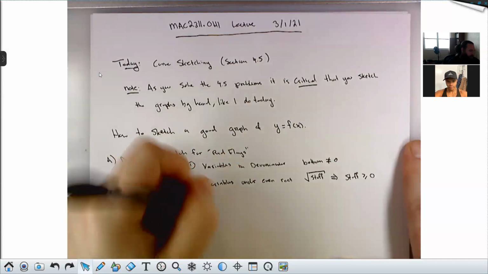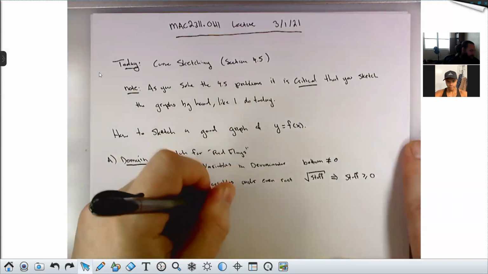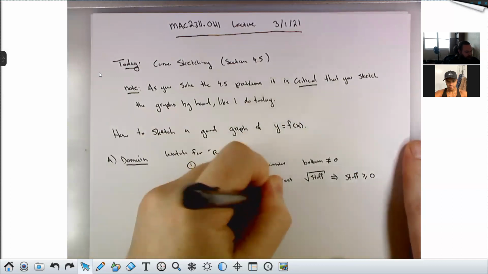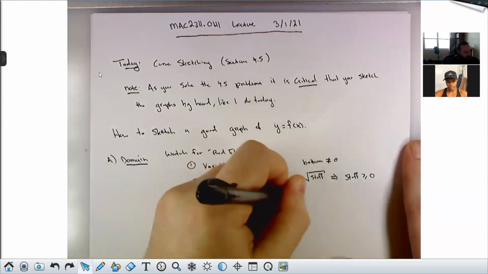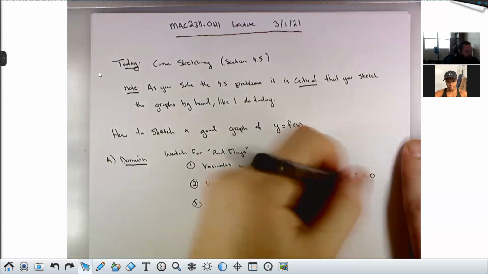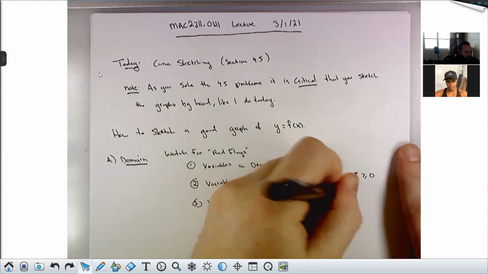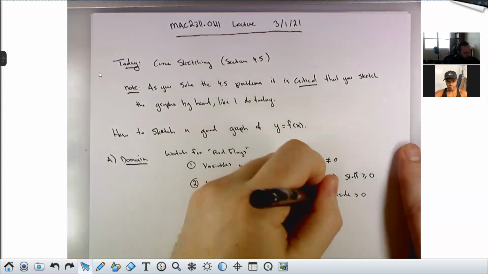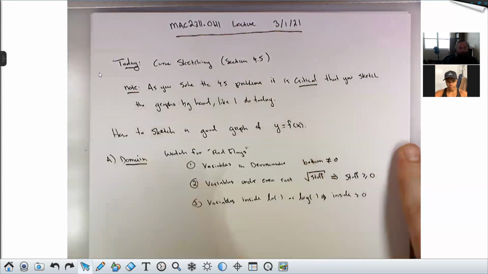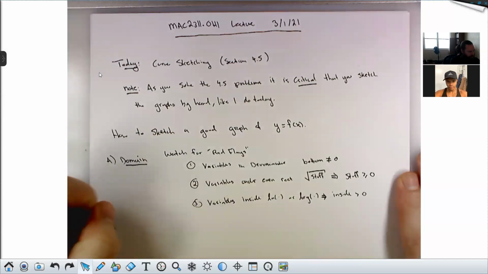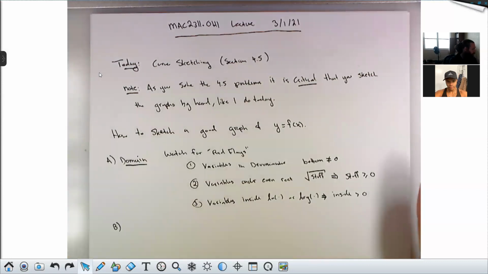And the third thing is variables inside logarithms, inside the natural log or some other log. The inside needs to be strictly greater than 0. So your first step is going to be to find the domain.